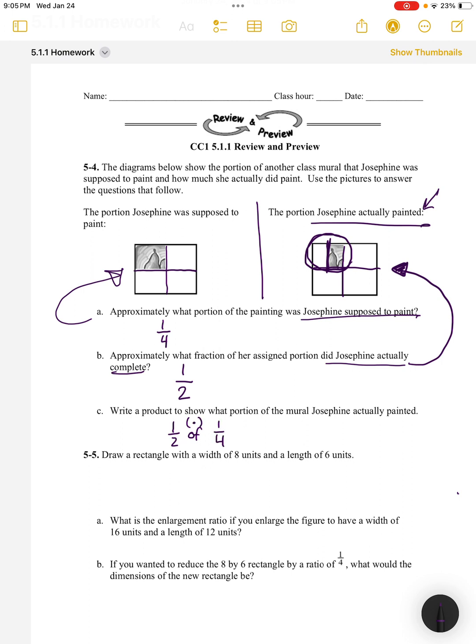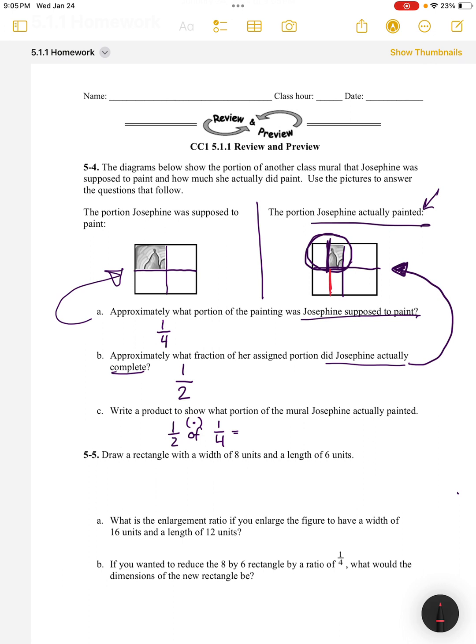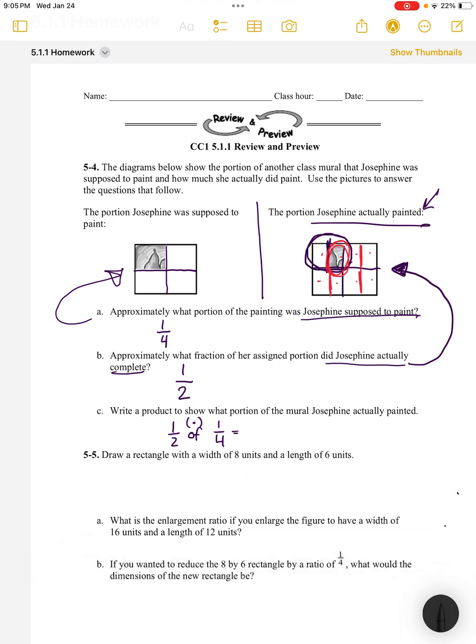That's what she agreed to do, which means that if I were to make all of these sections into halves, she did 1 out of 1, 2, 3, 4, 5, 6, 7, 8, which is what we've been doing in class. So that 1 out of 8, that's what she actually painted. 1/8 of the whole thing.